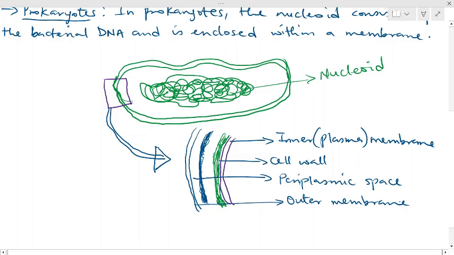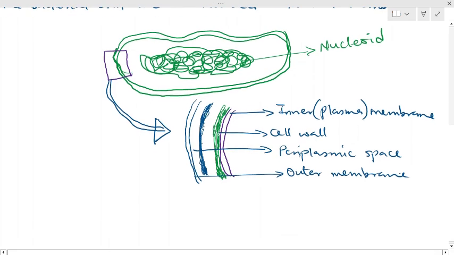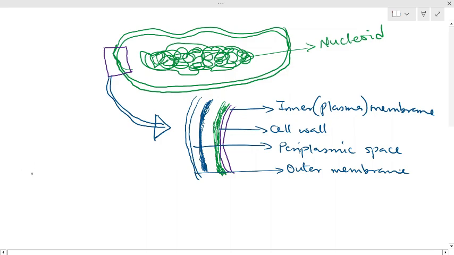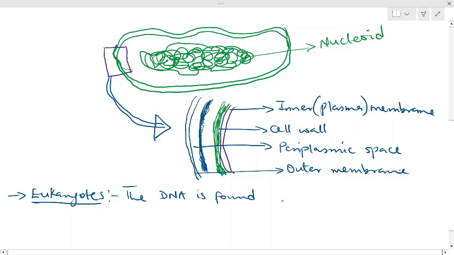However, for the eukaryotes, which we'll be looking at shortly, the DNA is found located within the nucleus.